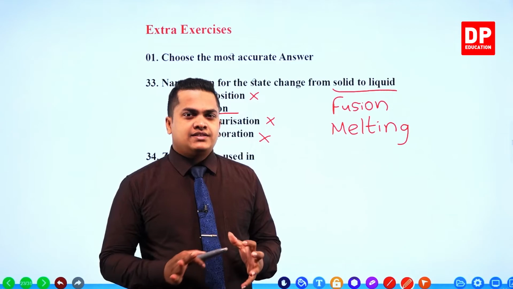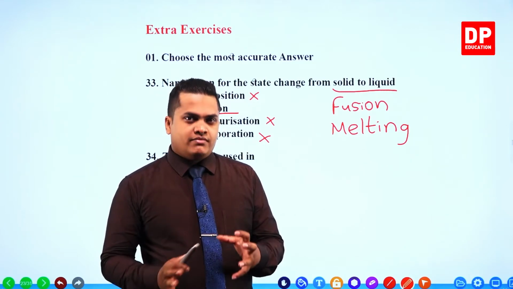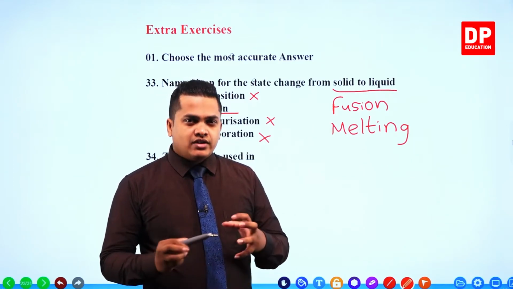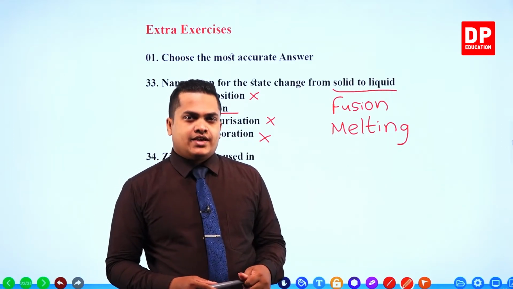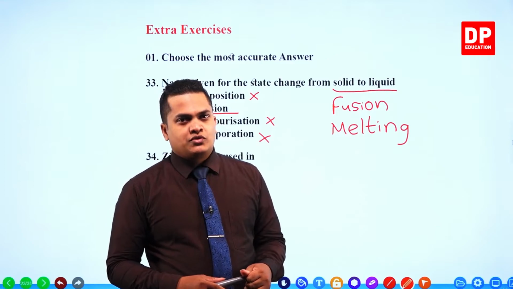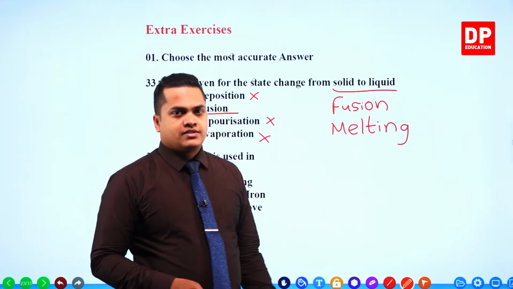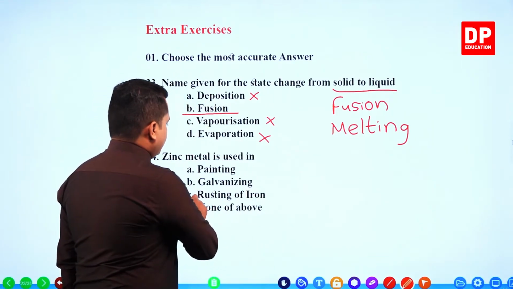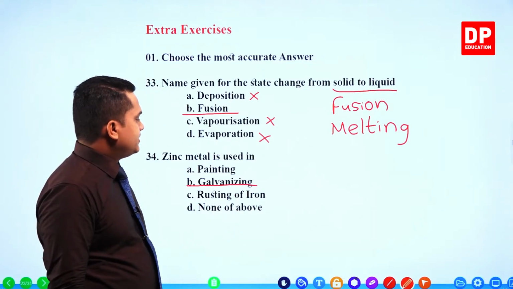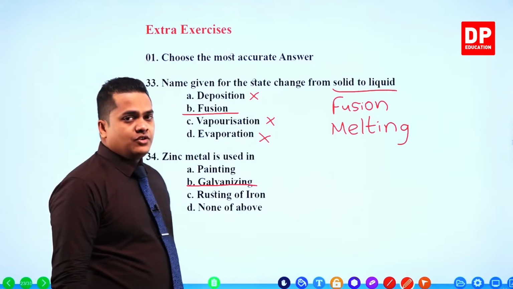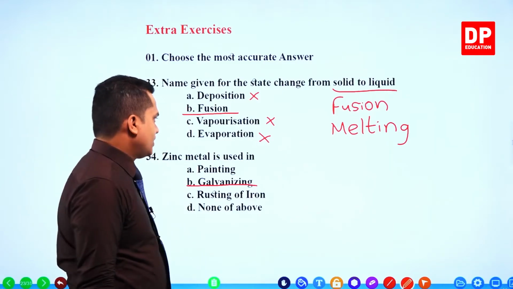To galvanize iron substances, especially, we use the metal called zinc. So zinc is used for the galvanizing process. Galvanizing is the answer. In galvanizing we use zinc.